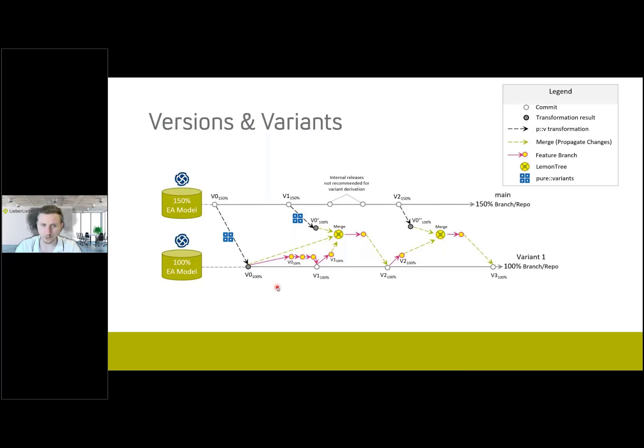So whenever I want to do a change in a model, I create a so-called feature branch, I work on this, and if I finish with the feature, for example, adding a new requirement or adding a state machine, I will merge this branch back.